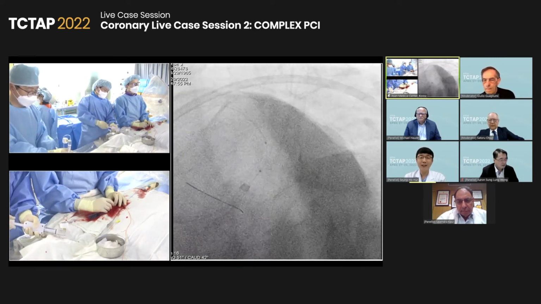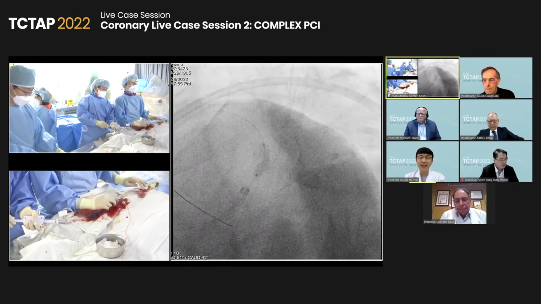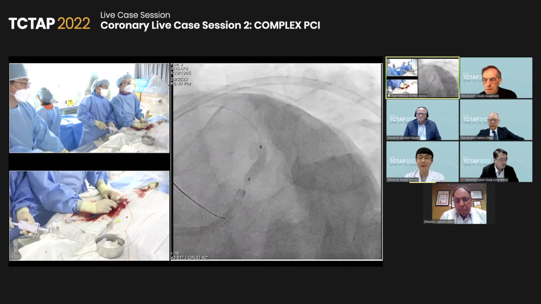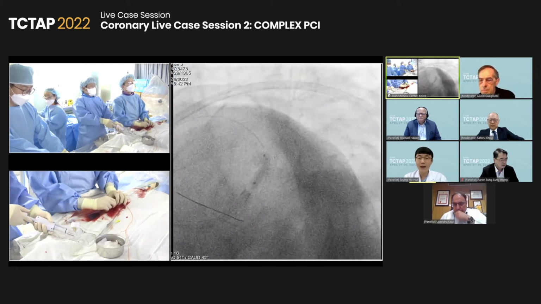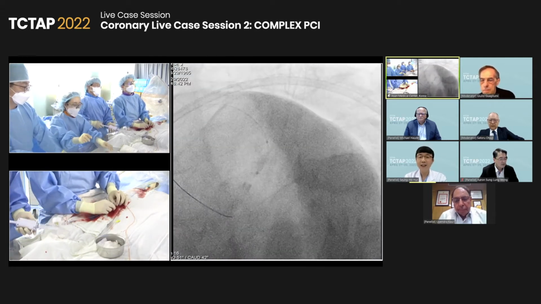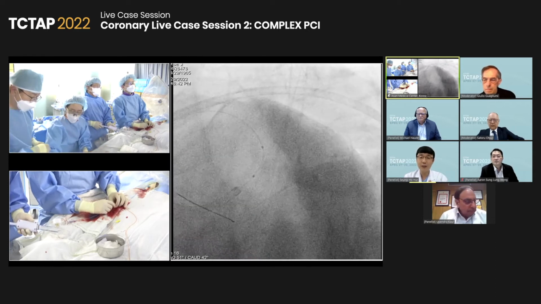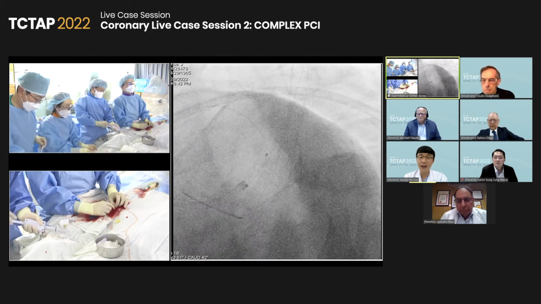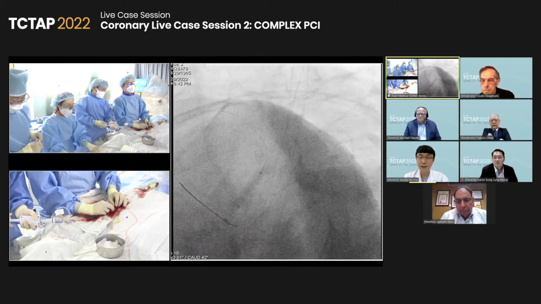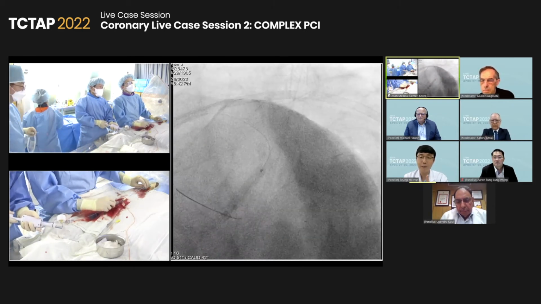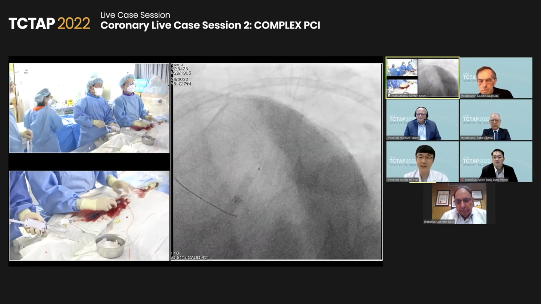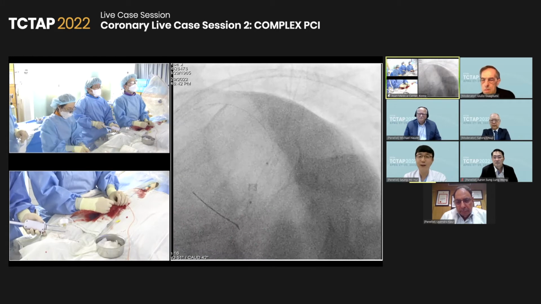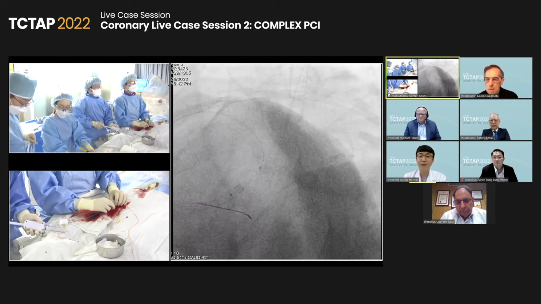I wonder if IVL works very well or not, but probably there is some limitation. By IVUS finding, the eccentric calcium is in the LAD, but in the circumflex there is concentric calcium. So that's why for the preparation, the balloon has to be fully expanded. So I think non-compliant balloon is so far my strategy for that.